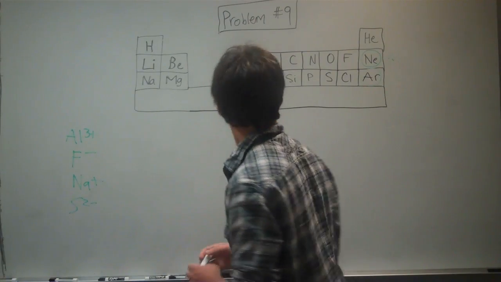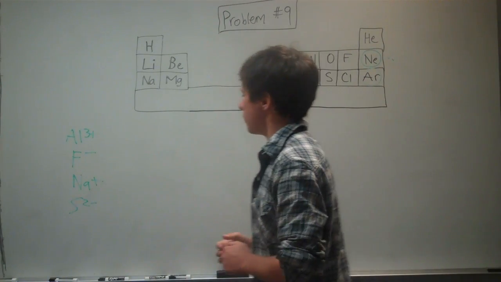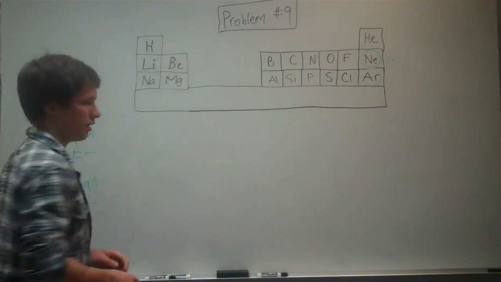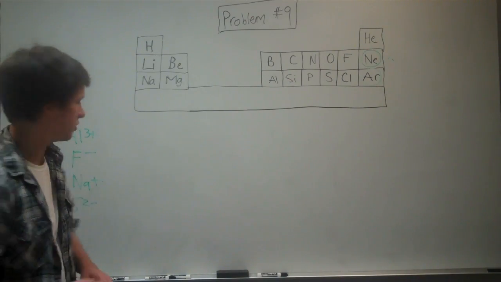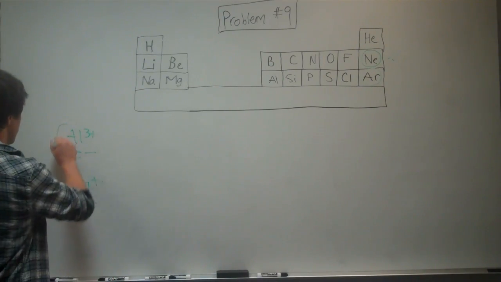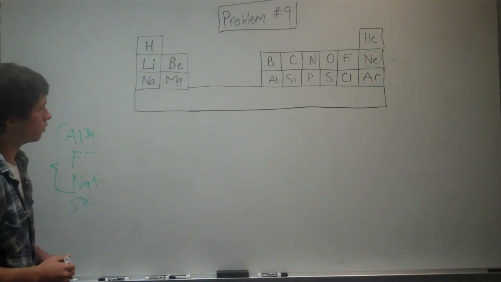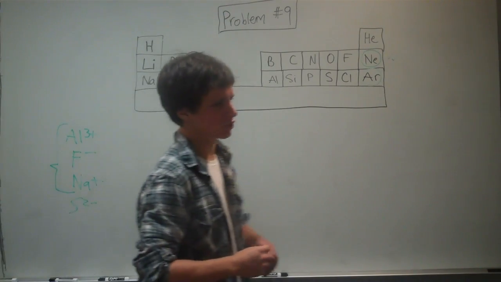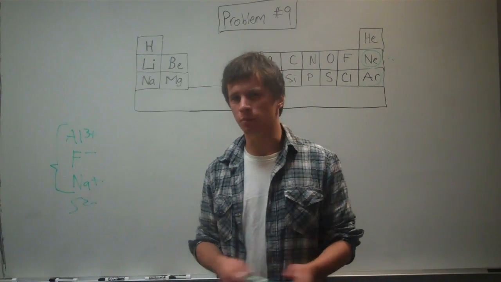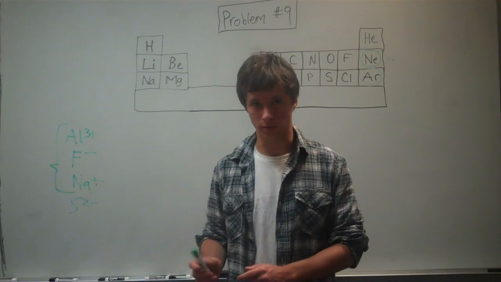Okay. So, you remember the rule about isoelectronic series? The rule, which applies to these 3, says that in an isoelectronic series, the most negative one is the biggest one.